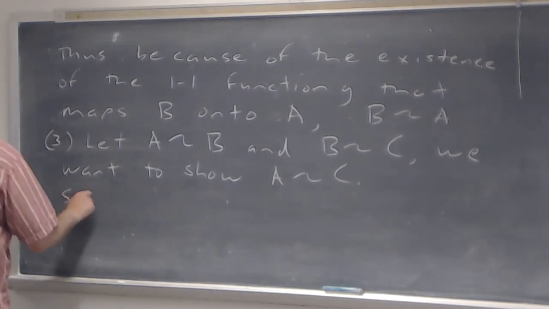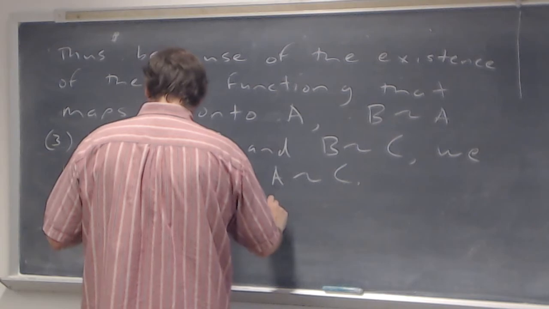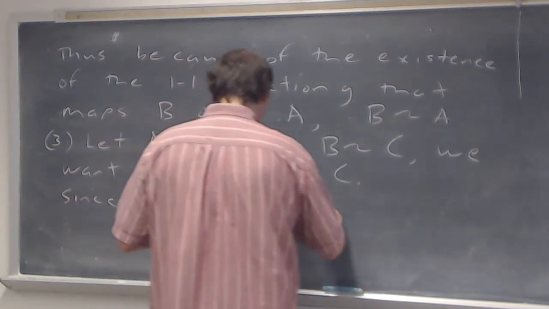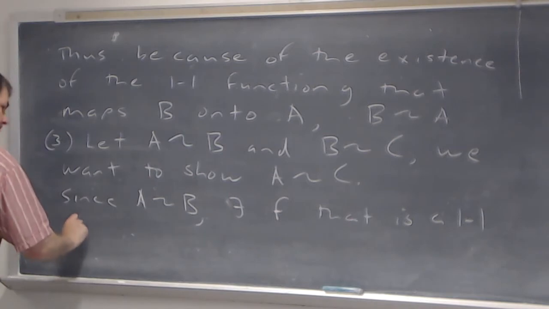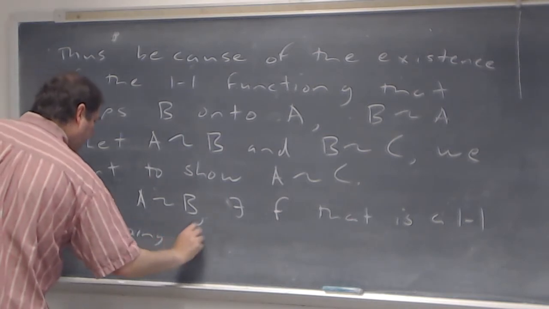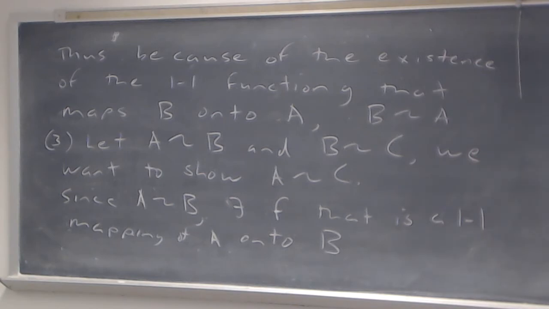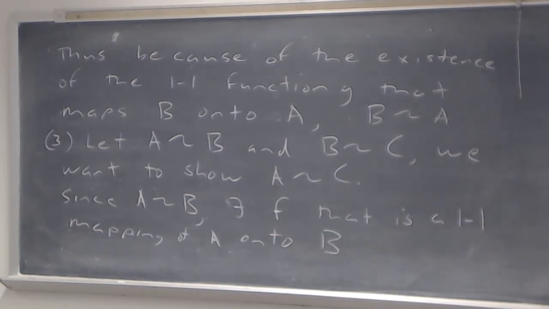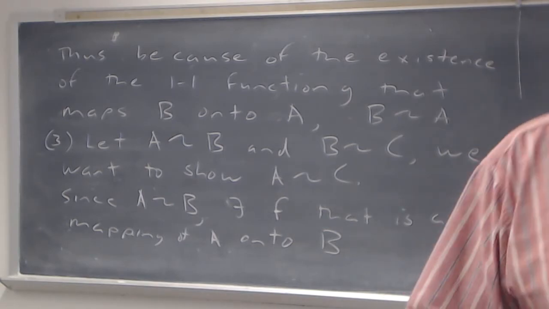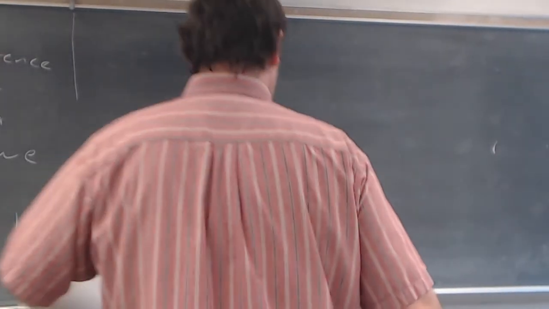Well, here's where we start off. We say since A is equivalent to B, there exists a function F that is a one-to-one mapping of A onto B. Similarly, we've got a statement that B is equivalent to C, so we get another similar type of function.